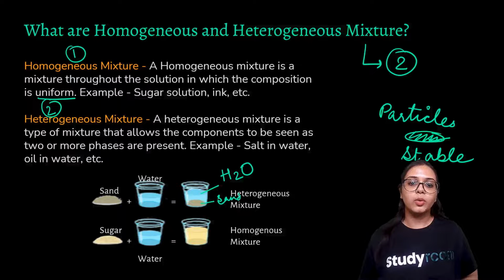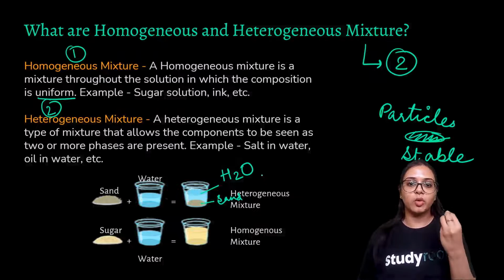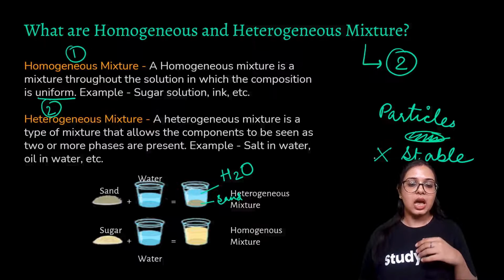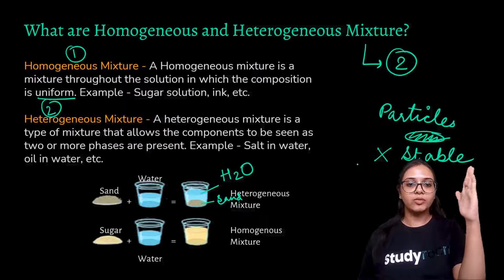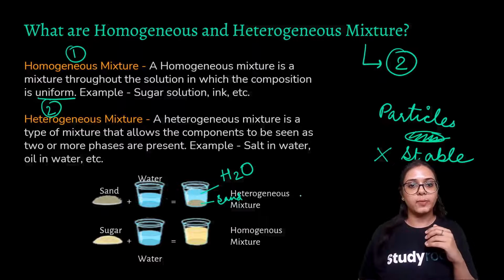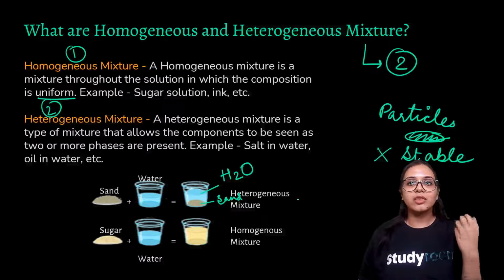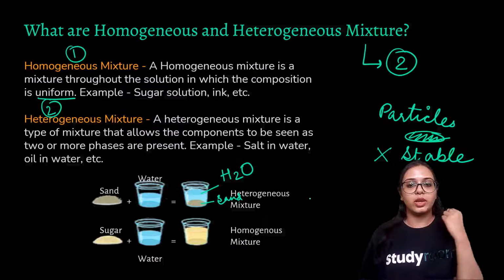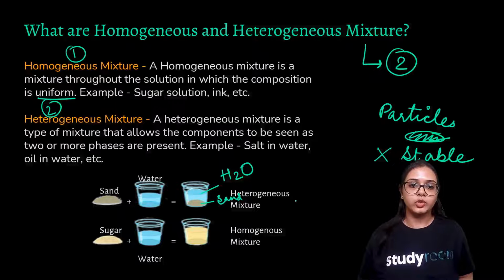When you see a mixture of sand and water, they are not uniform in nature, they don't have any stability, and they don't have that very uniform, very cohesive sort of texture. That physical sameness, that uniformity, is not there. So that is a heterogeneous mixture.